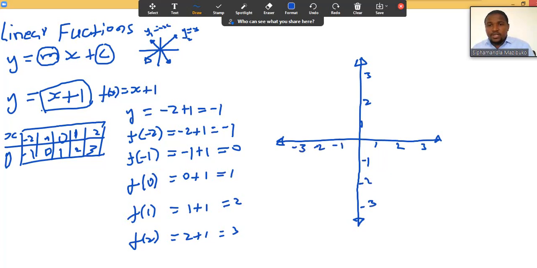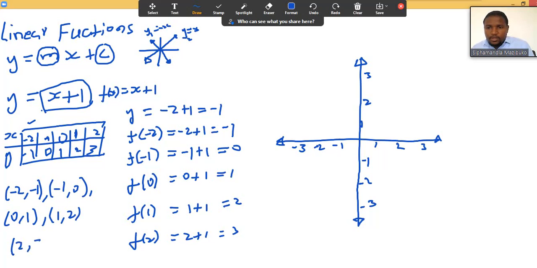Looking at our coordinates, we have minus 2 is to minus 1, minus 1 is to 0, 0 is to 1, 1 is to 2, and finally 2 is to 3.